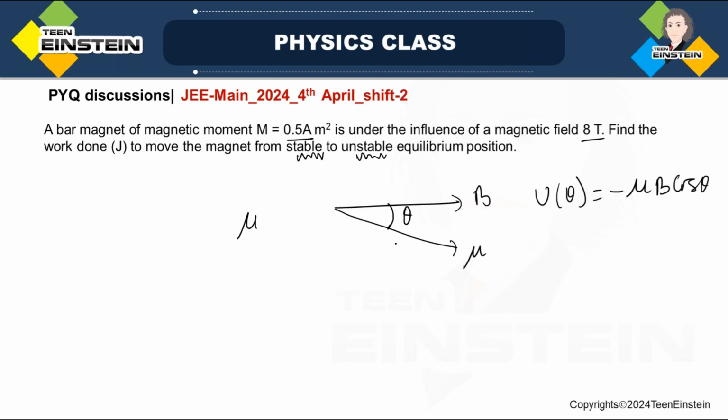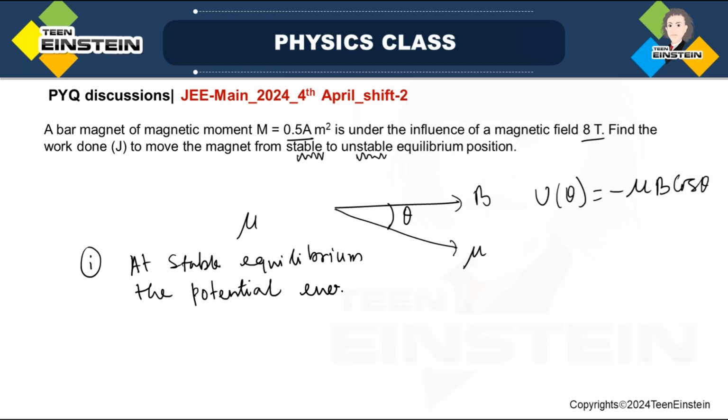Now, what is the stable and what is the unstable equilibrium? At stable equilibrium, the potential energy will be minimum.